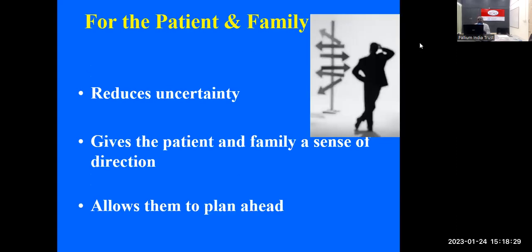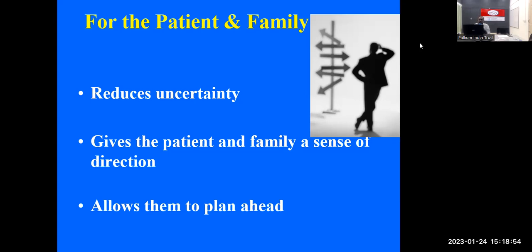And for the patient and family, we know once the patient gets admitted in a hospital, they would not know what is going to happen next. There are many stories from patients who didn't even know that one of their legs was going to be amputated. They knew only after coming out of the operation theater.